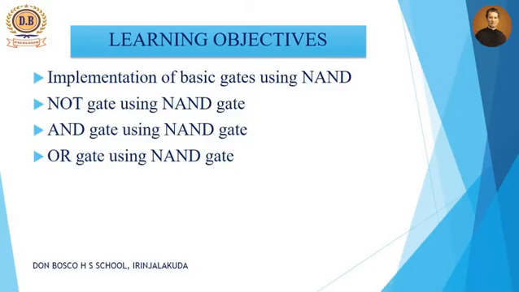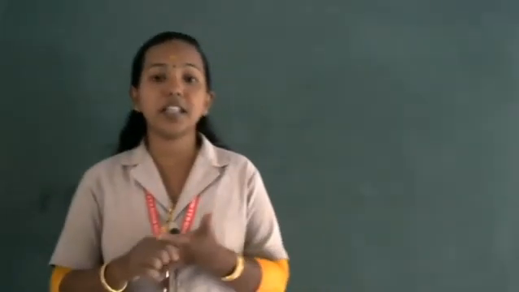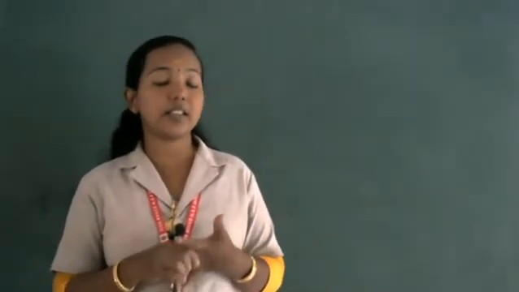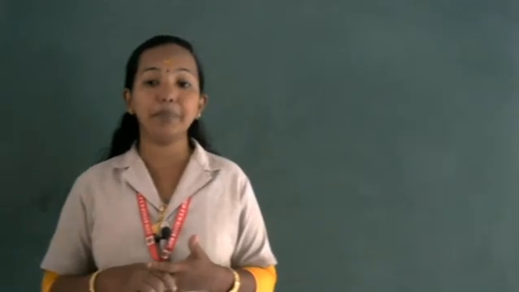Then in this video we are going to discuss the implementation of basic gates using NAND. We are going to implement all the basic gates using the NAND gate. Basic gates means NOT gate using NAND gate, AND gate using NAND gate and OR gate using NAND gate. These three basic gates I am going to implement using NAND gate.